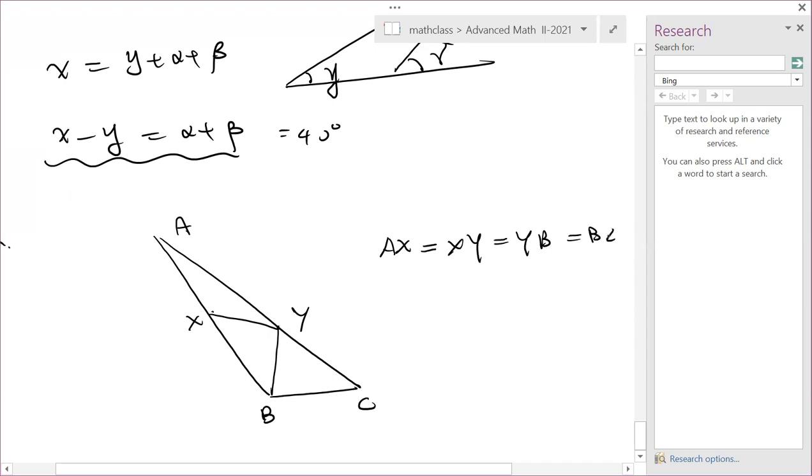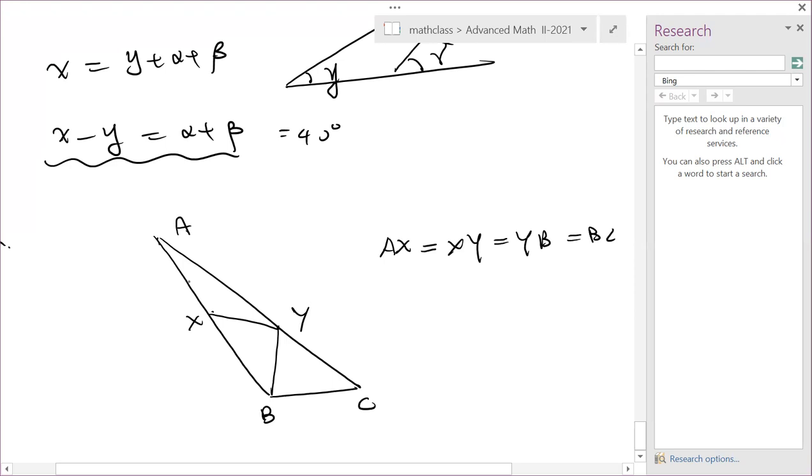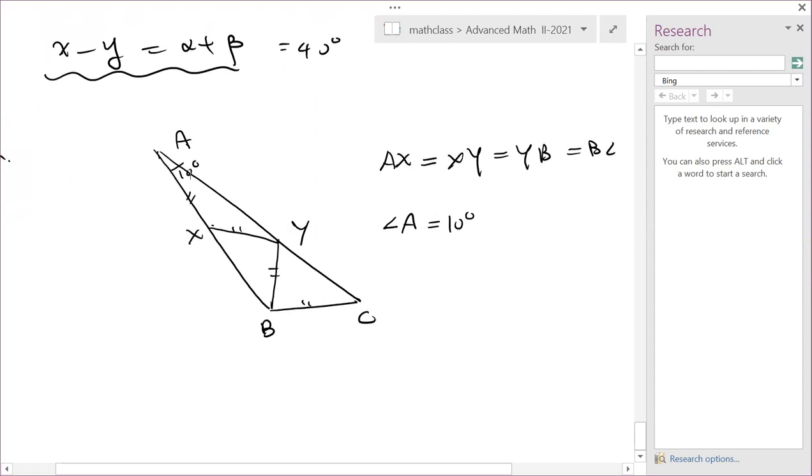So all those sides are equal. I know the angle at the point A is going to be 10 degrees. I really want to find the angle here at the bottom. So find the angle C.